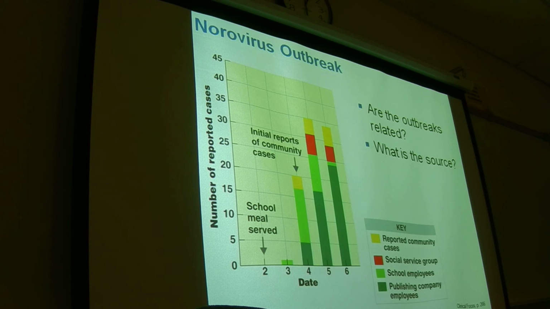On day 3, there was just a couple cases of school employees. A day later, there were more school employees. There were now other people in the community, publishing company employees. There was social service, or there were other reported community cases. And as you see, as days went on, it started to spread a little bit from the initial source.